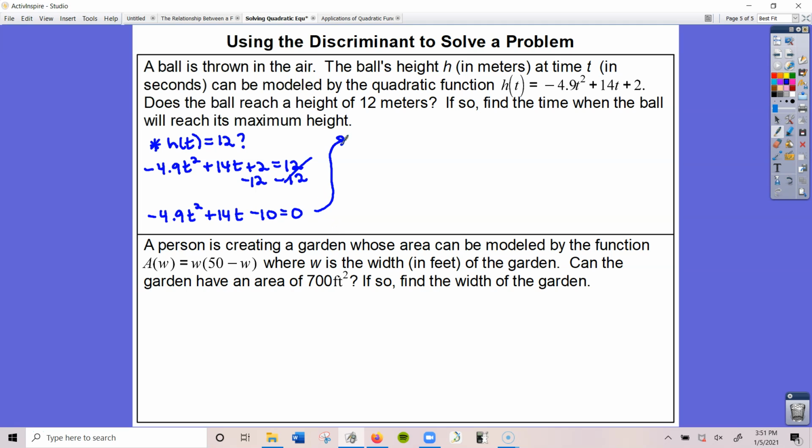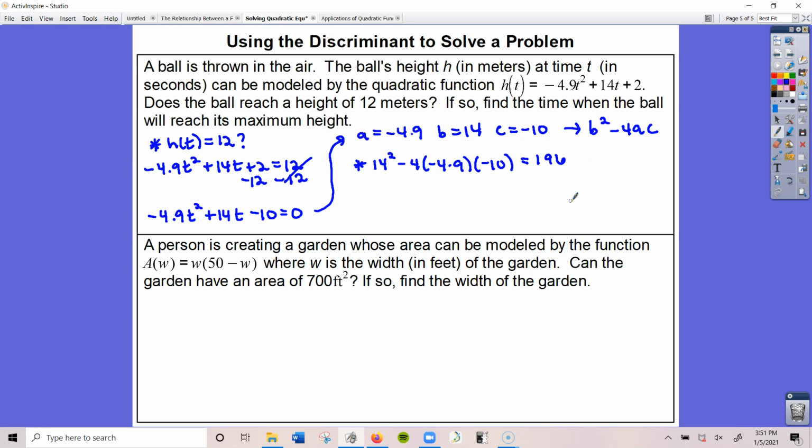So in this particular case, a is equal to -4.9, b is equal to 14, and c is equal to -10. I'm going to plug it into my discriminant, b squared minus 4ac. That would mean we have 14 squared minus 4 times -4.9 times -10. When I work this out, 14 squared is 196.